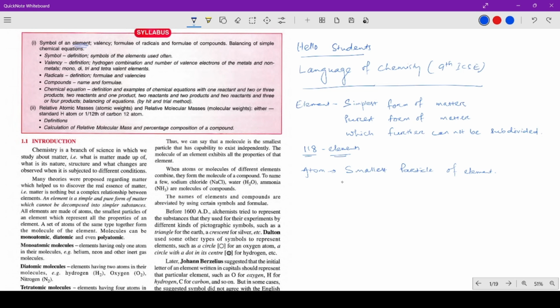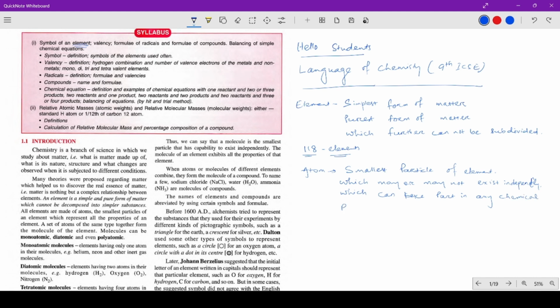Which may or may not exist independently, and which can take part in any chemical reaction.